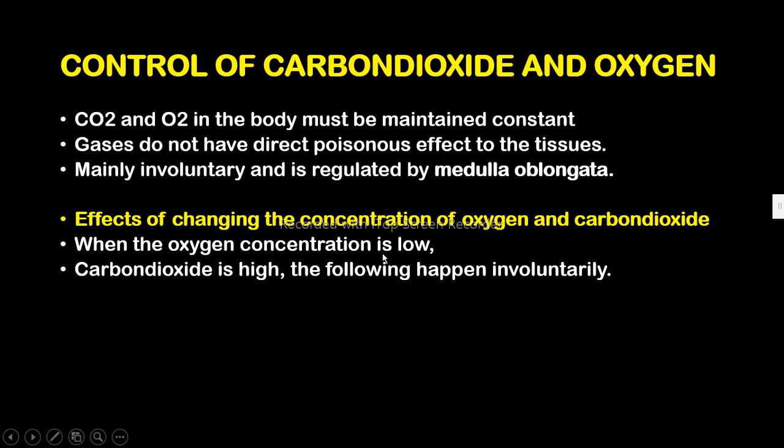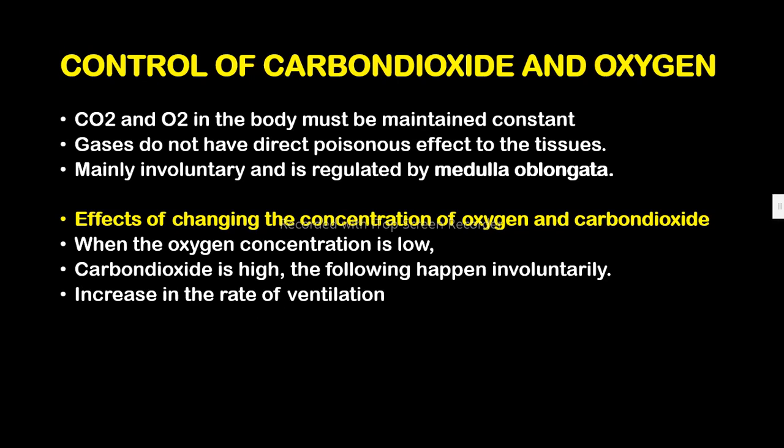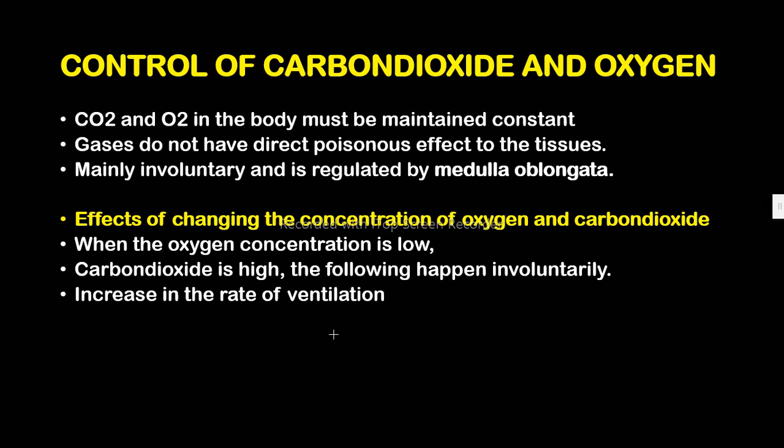So when oxygen concentration is low, then carbon dioxide is high. And so what happens? The carbon dioxide is going to be detected either by the chemoreceptors in the aortic bodies, which we talked about, or the pH sensors in the medulla oblongata. And when they detect it, you have to increase the rate of ventilation.